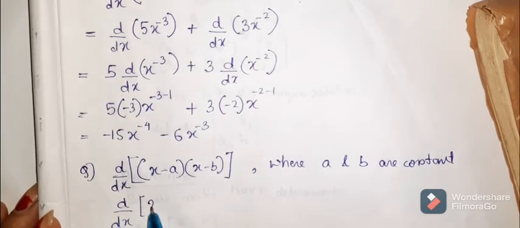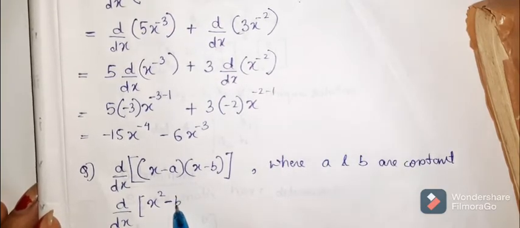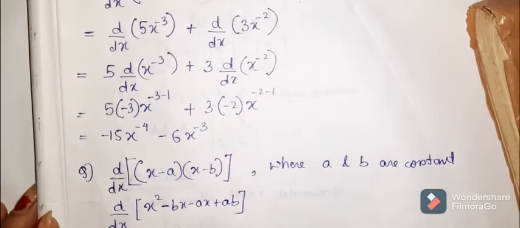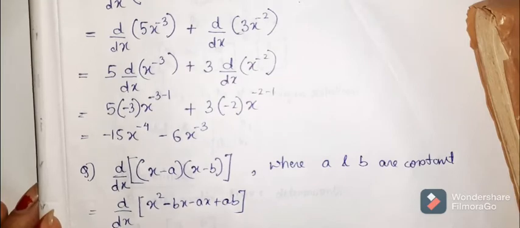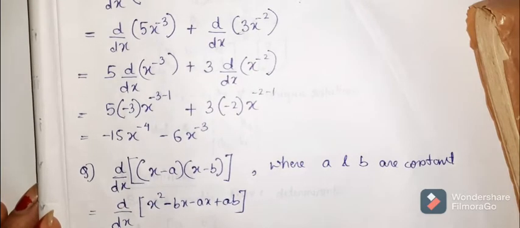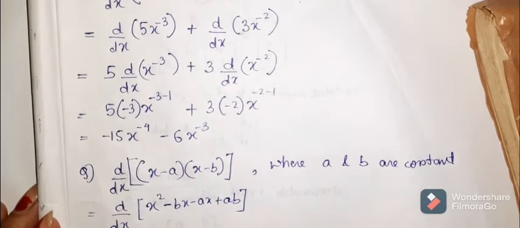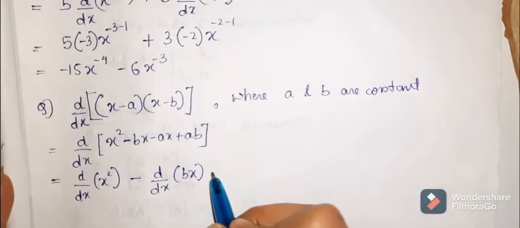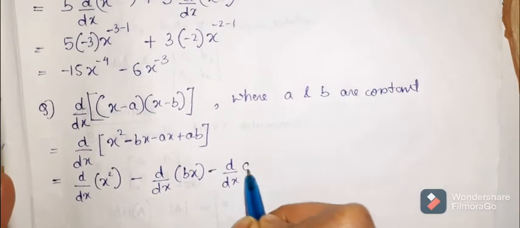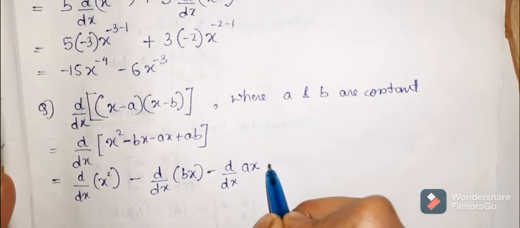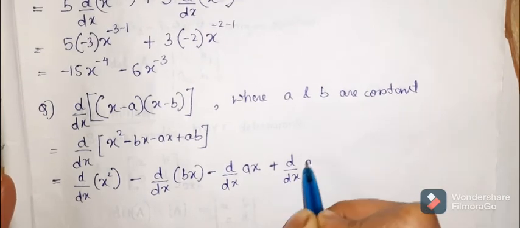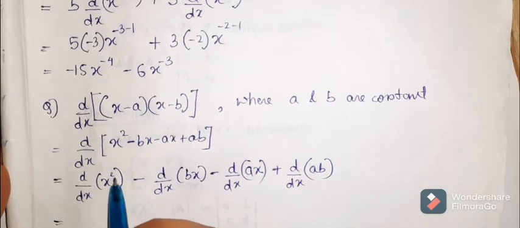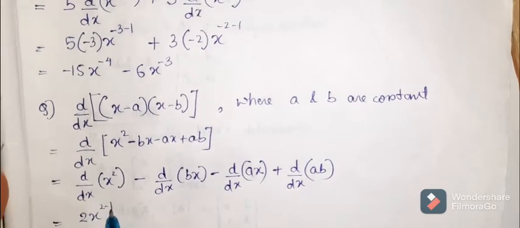x squared minus bx minus ax plus ab. Now I will apply it separately: d/dx of x squared minus d/dx of bx minus d/dx of ax plus d/dx of ab. Again, x to the power n gives 2x^(2-1).